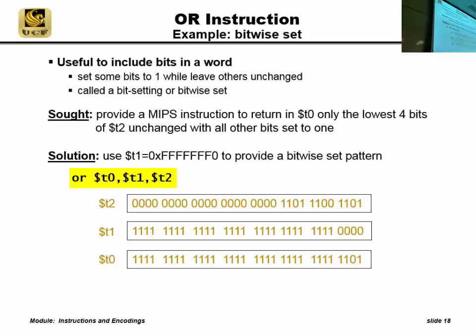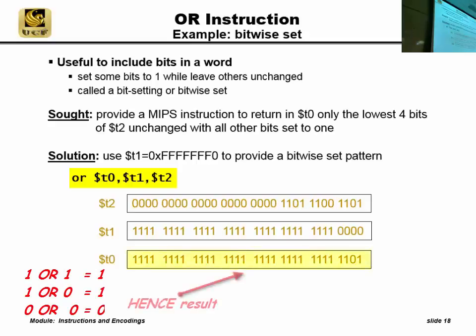This is bitwise. So T1 ORed with T2. What do I picture happening? We have T1 and T2 ORed together, and the result is going to go into T0.